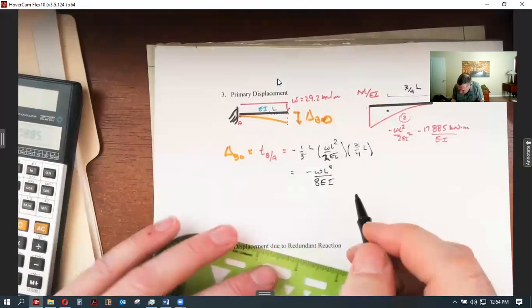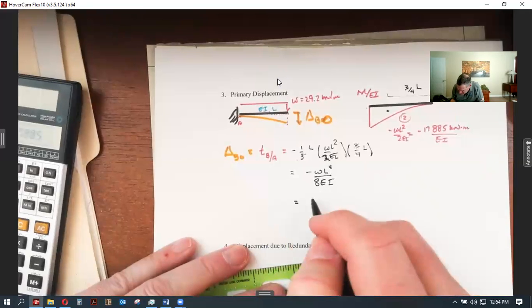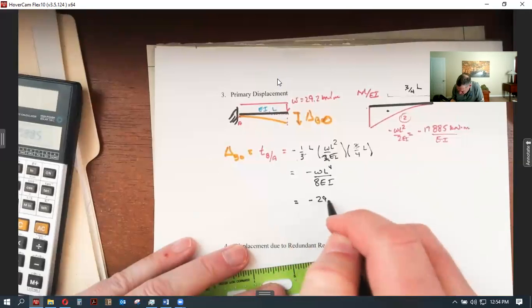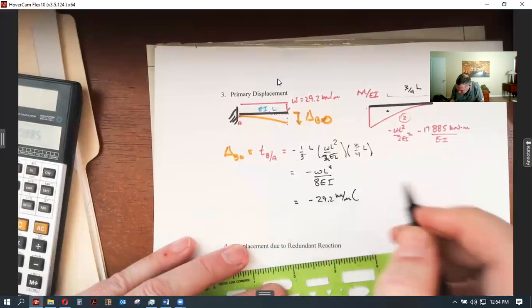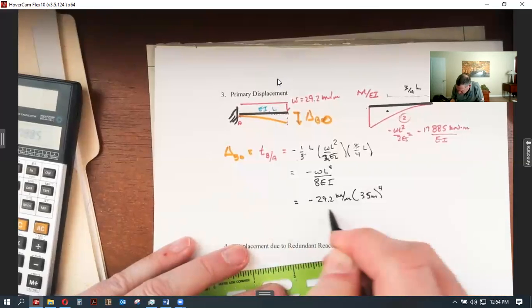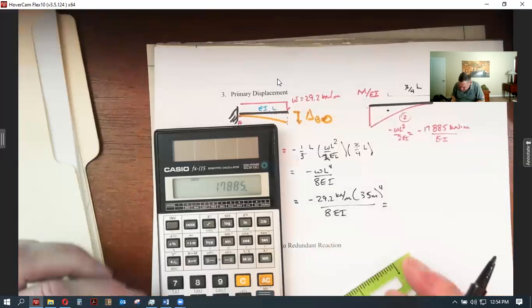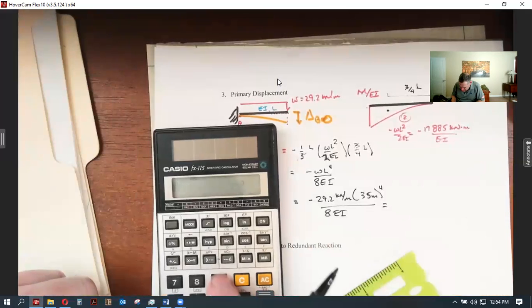All right, now if you want to put your numbers in there, go ahead, but notice how gigantic in the SI system these numbers are going to get. Minus 29.2 kilonewton per meter times our length, which is 35 meters raised to the 4th power over 8EI. And I know that the EI is eventually going to go away, so I'm not going to be messing around with it.